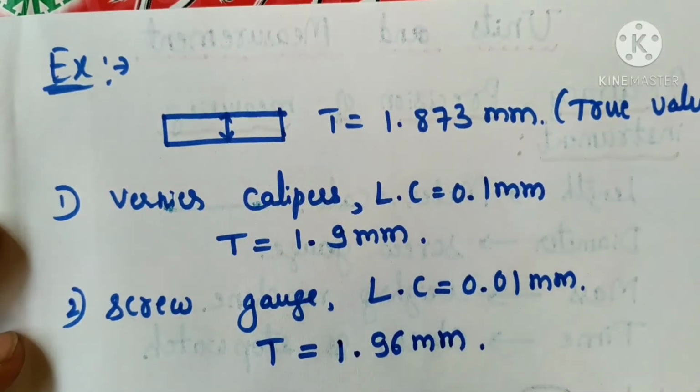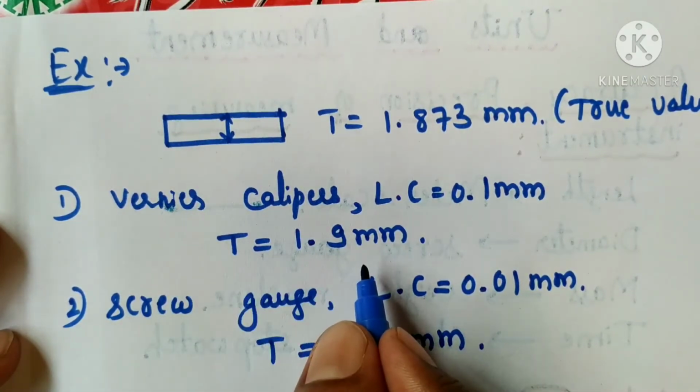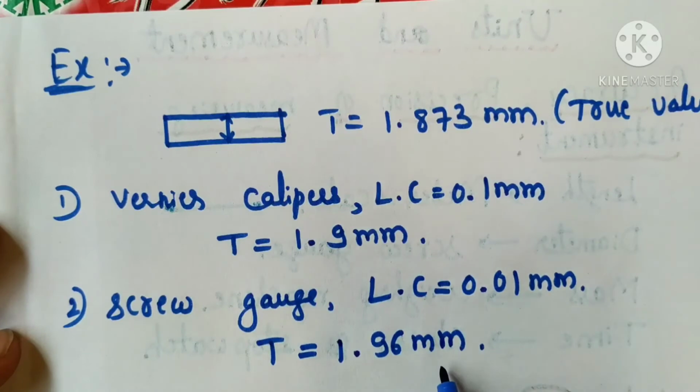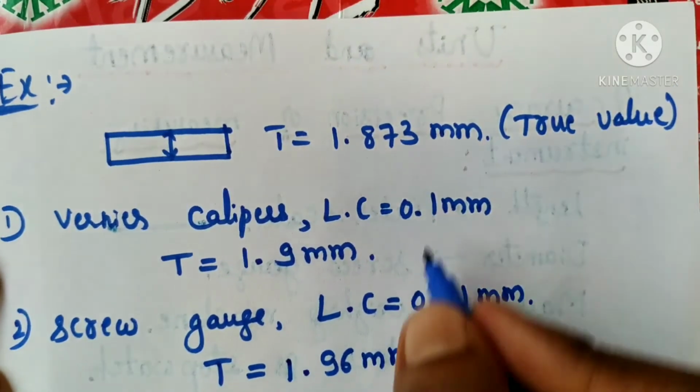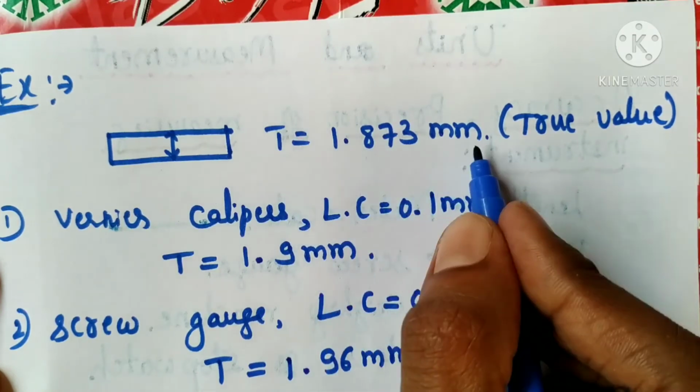So now here, if you observe, the first measurement has more accuracy compared to the second measurement. Why? Because the true value or the standard value is 1.873 millimeter.